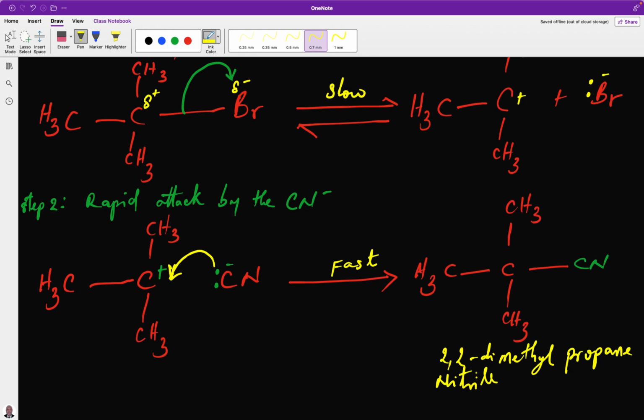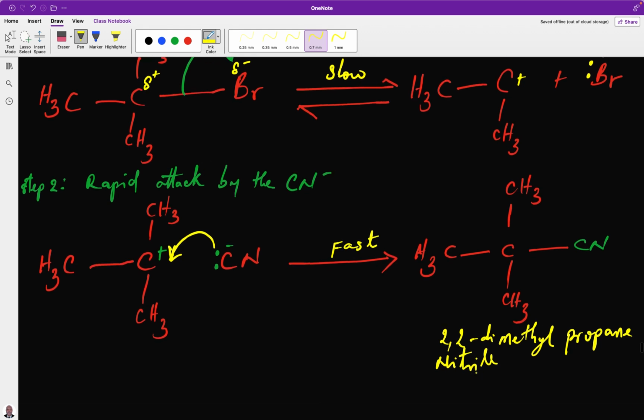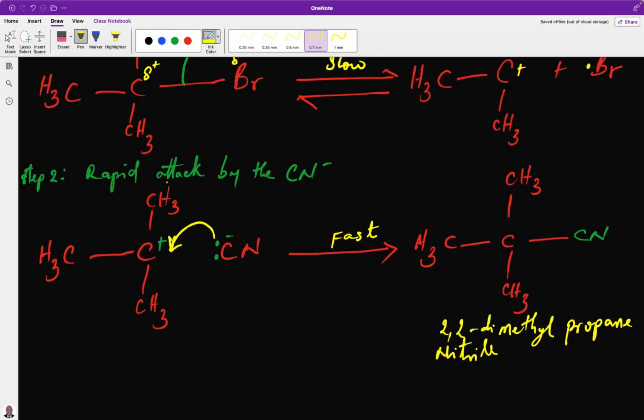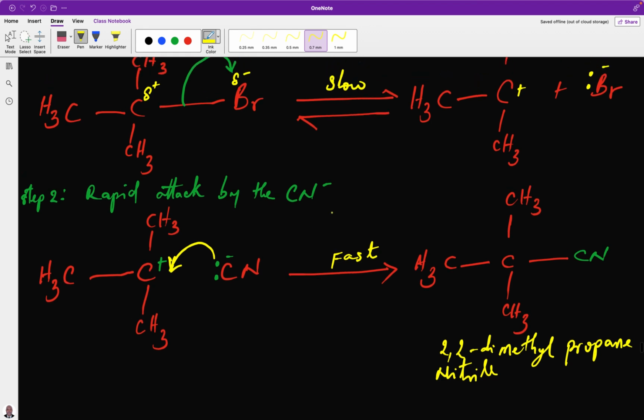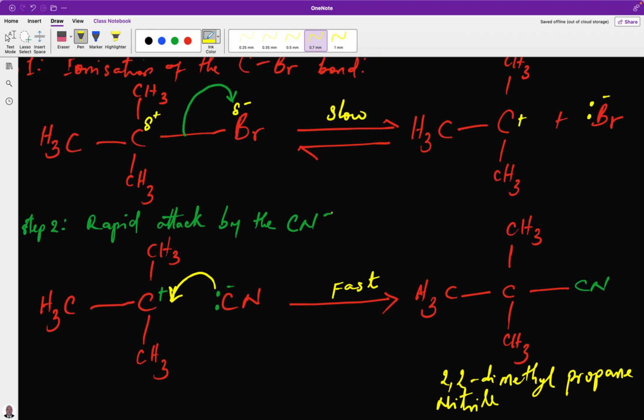So for this new organic compound, you will see that we now have 1, 2, 3, 4, 5 carbon atoms here. Meanwhile, in the initial compound, we had just 1, 2, 3, 4. So the very important thing here is that this leads to the formation of a nitrile.